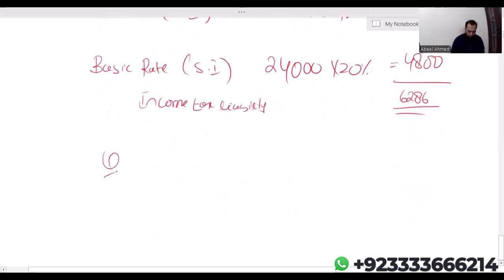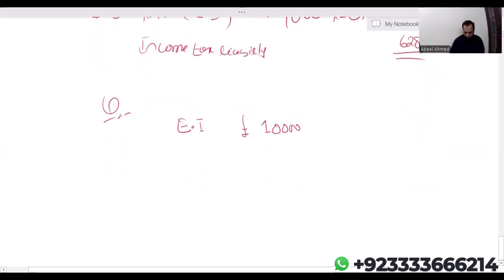Let's see another question. Employment income. Assuming the employment income is just 10,000. Employment income is 10,000. Okay. Saving income is 30,000.